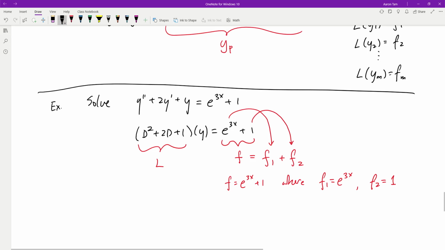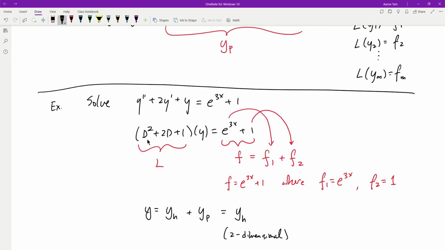Remember, our solution would be y equal to y sub h plus y sub p. And in this case, our y sub h should be dimension 2, meaning it should have two terms with two arbitrary constants, C1 and C2. How do I know that?